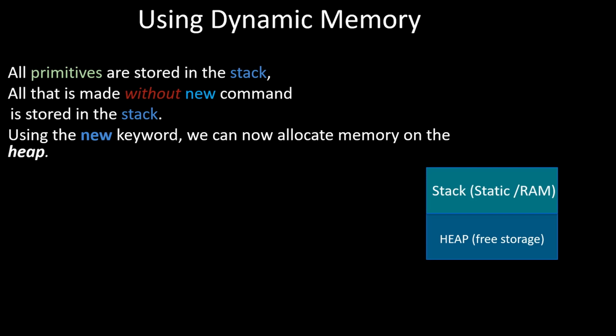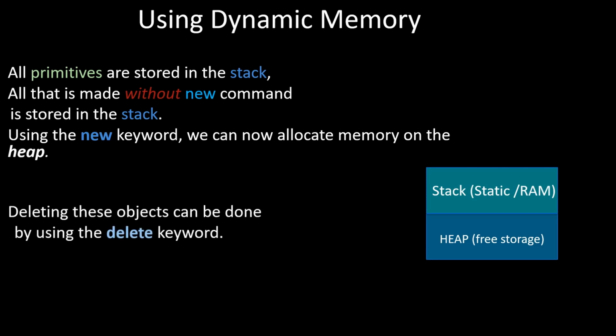Using the new keyword, we can now allocate memory on the heap. Deleting these objects can be done using the delete keyword. So for example, if I have a pointer i, I'm initializing with the keyword new. But when I want to deallocate it, I use delete i. A string pointer is deleted as a string as well.